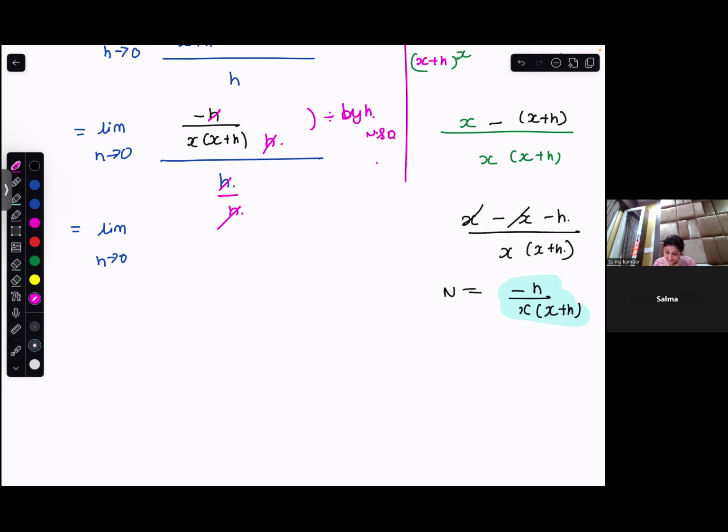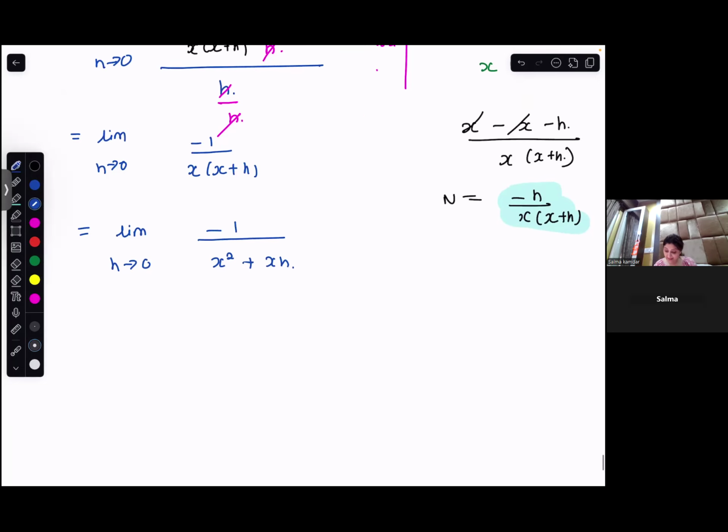So I am left with minus 1 over x into x plus h. Okay, now I simplify the denominator. So I'm left with limit h tends to 0 minus 1 over x square plus xh.